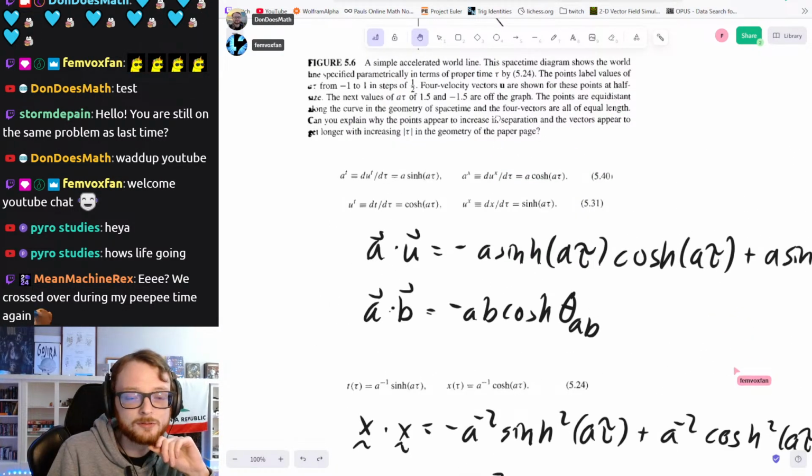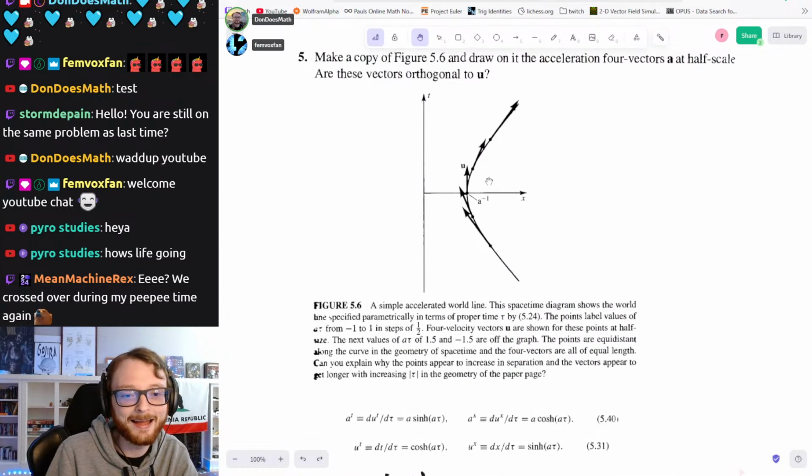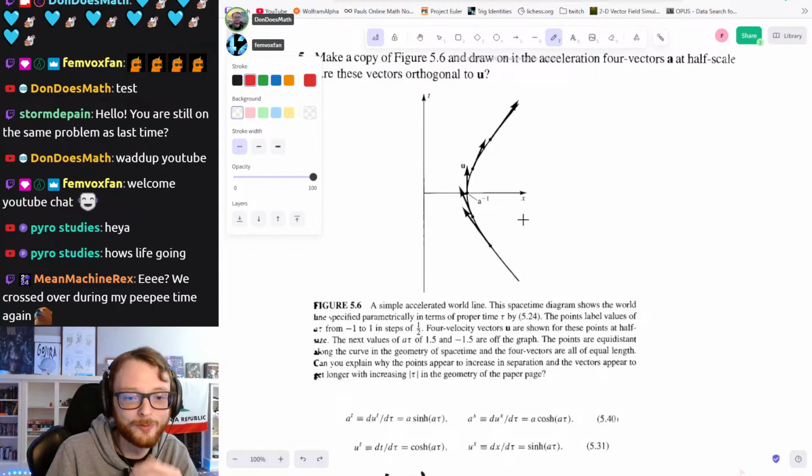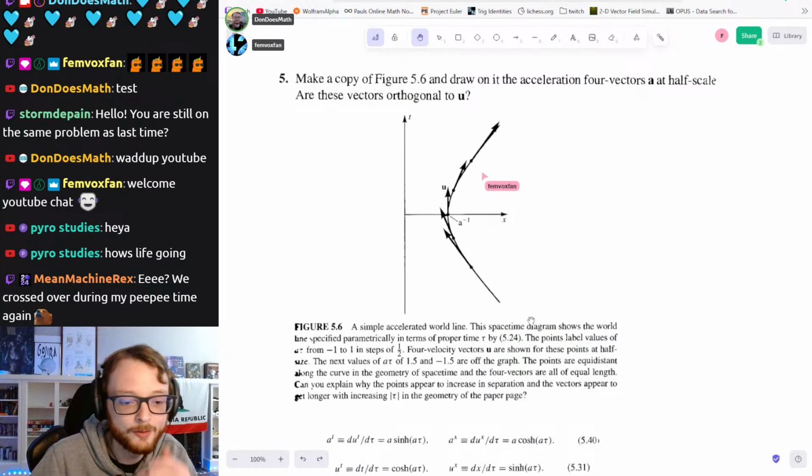I kind of want to just do the simple thing and draw in acceleration vectors that are probably decreasing, or they start big, decrease towards the middle, and then start increasing again. Yeah, I see what you're saying there. Okay, maybe what we can do is find out what tau is, right? What did they say? Tau's going by 0.5s. Should there actually be grid lines?